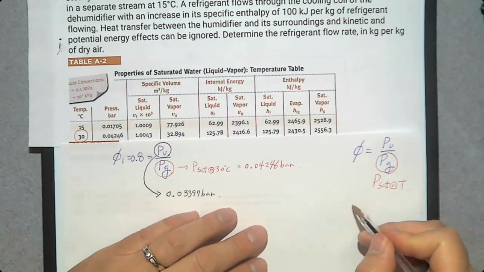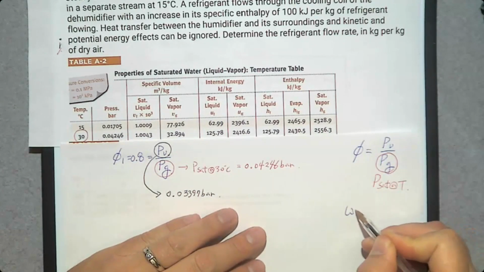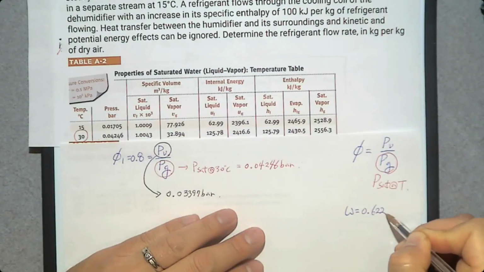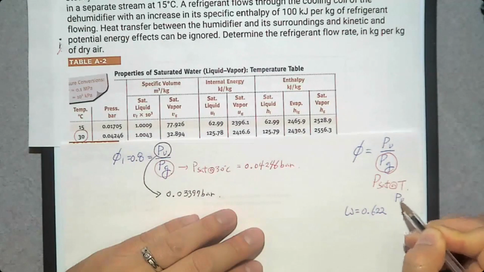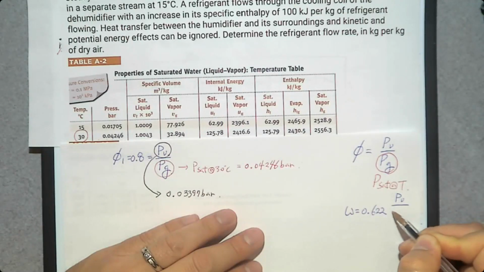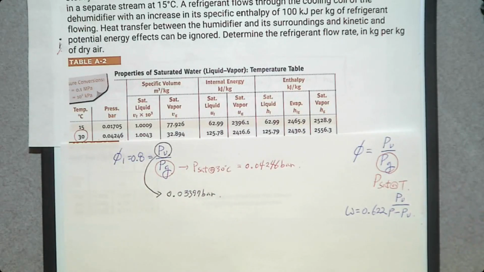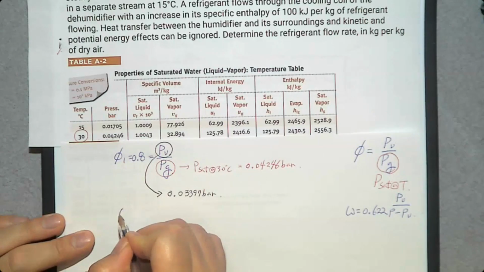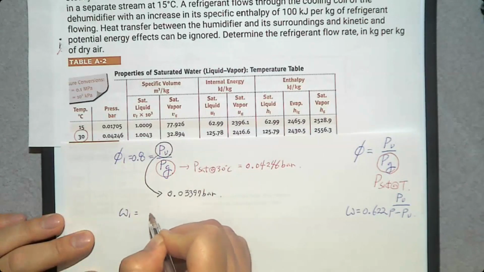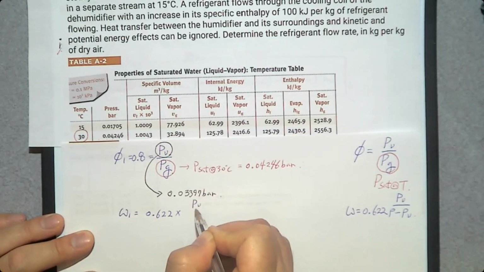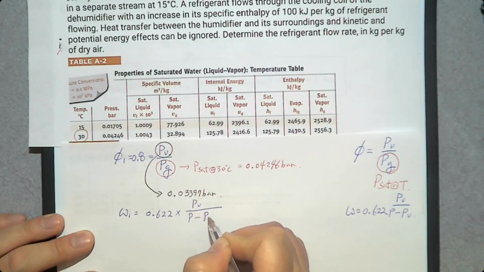Just for your information, humidity ratio omega can be determined by 0.622 times PV over P minus PV. So humidity ratio omega 1 can be determined by 0.622 times PV over P minus PV.